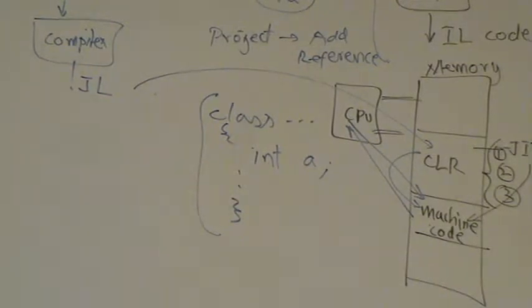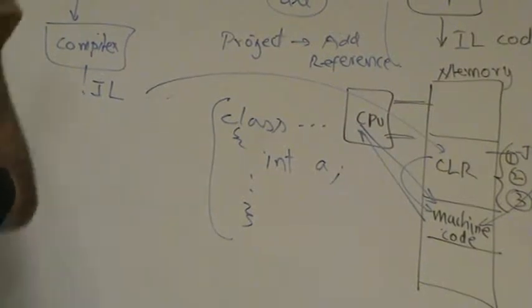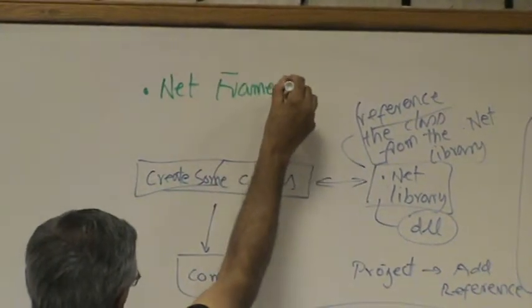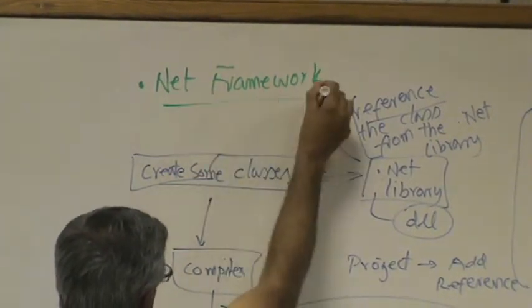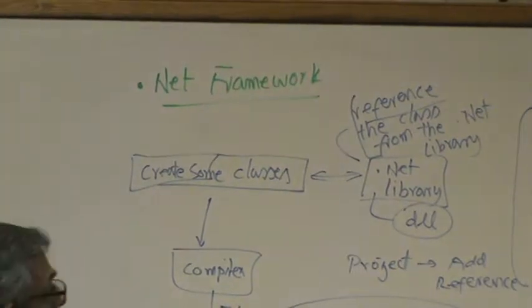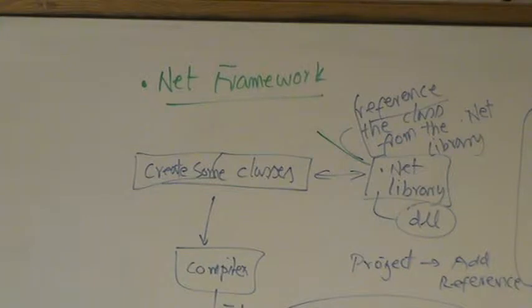We also discussed in the last lecture that the .NET framework is basically an environment for creating applications, including the CLR, including the library. So all this environment is referred to as the framework.